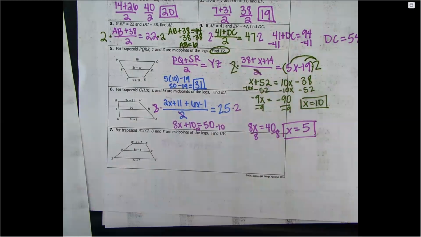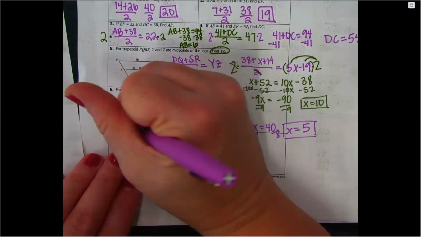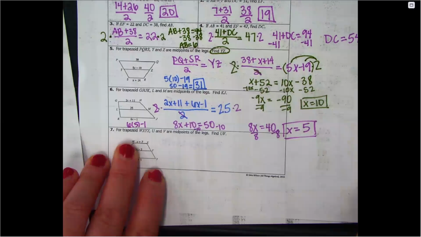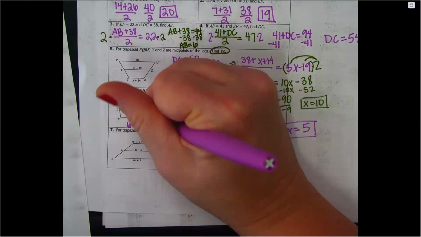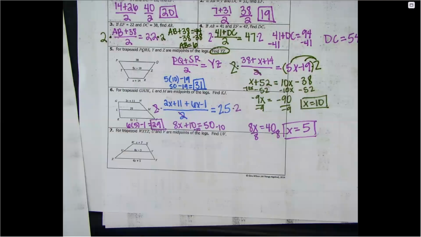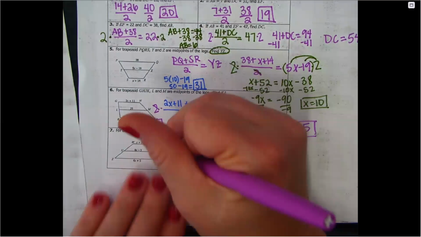So 6 times 5 is 30 minus 1 is 29. How's that? Okay. Same thing with the last one. You're setting it up the same way. Top plus bottom divided by 2 equals 8x minus 3.